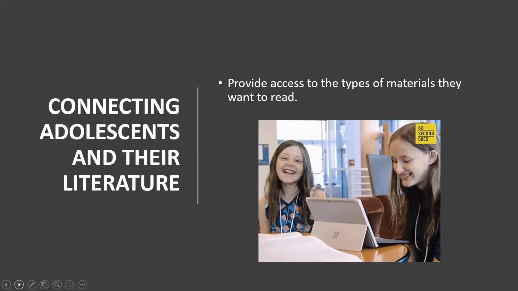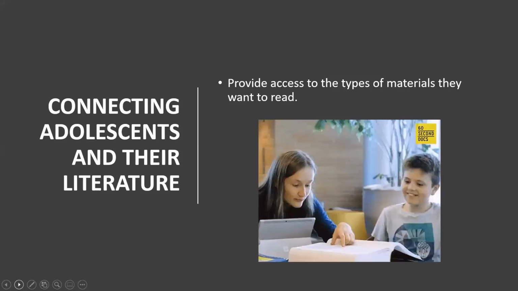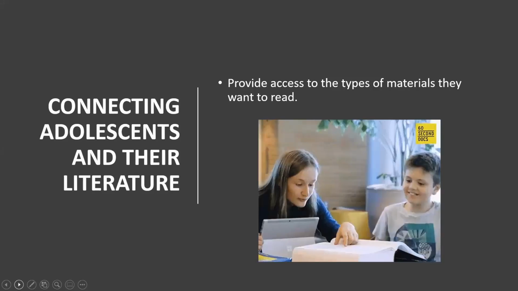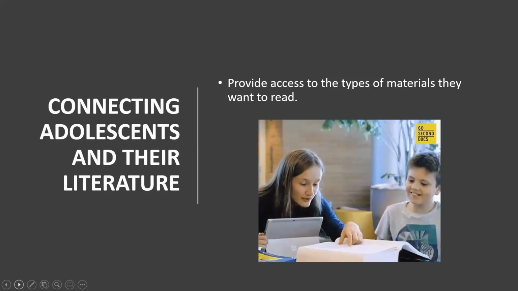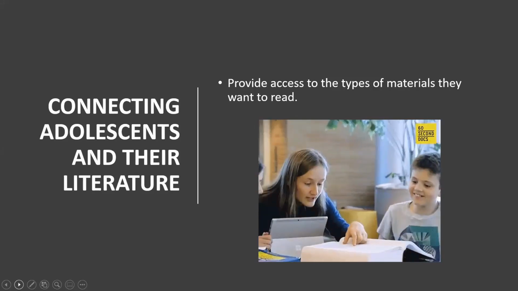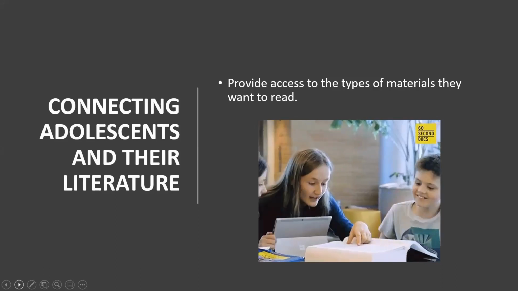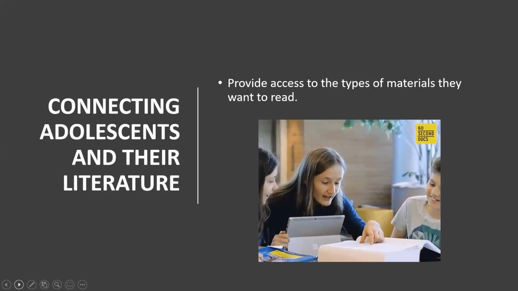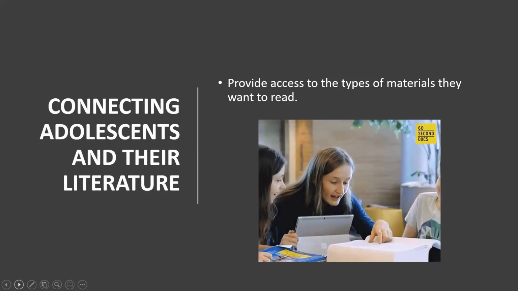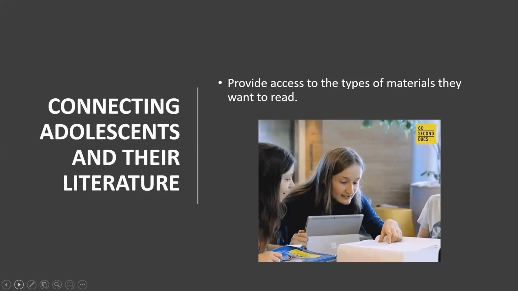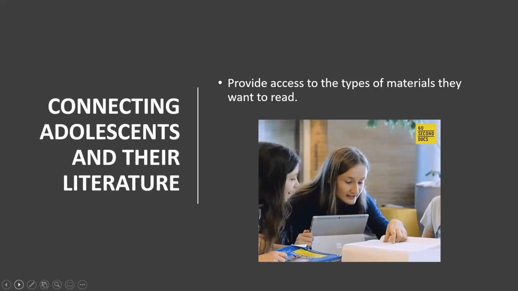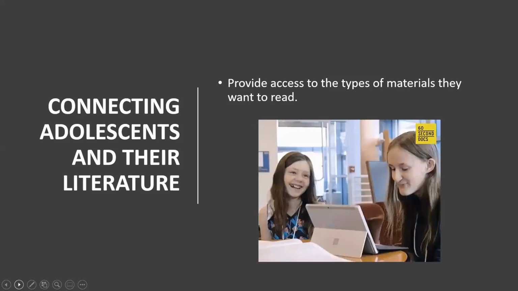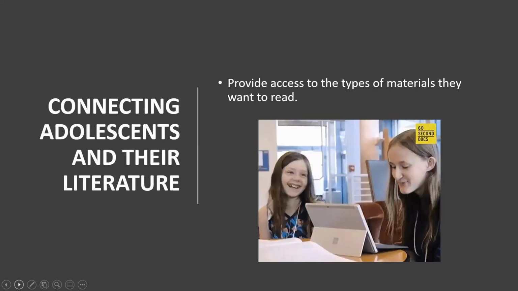So as teachers, provide access to types of materials they want to read. As teachers, we should guide them. If they want something about a particular subject matter, find materials for them to read. Kasi if you will not, then as I mentioned, there are a lot of materials around, and they may read something not really good for them, or fake news, or unfair portrayal of something.